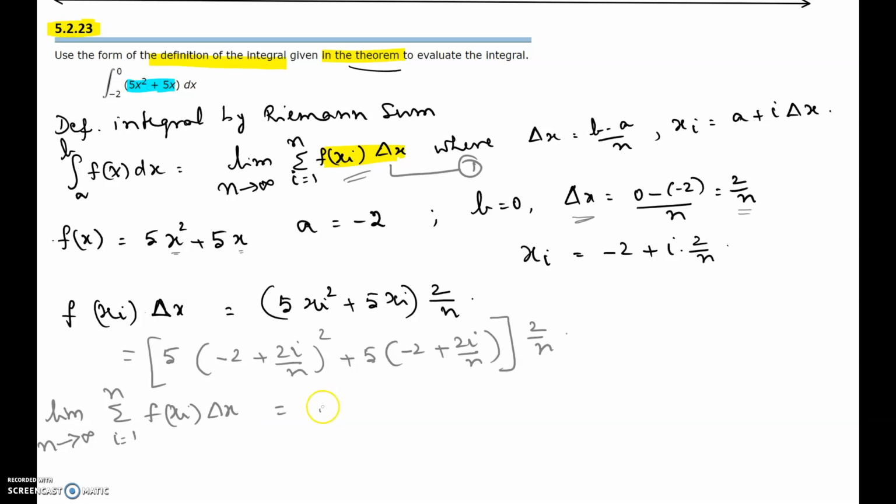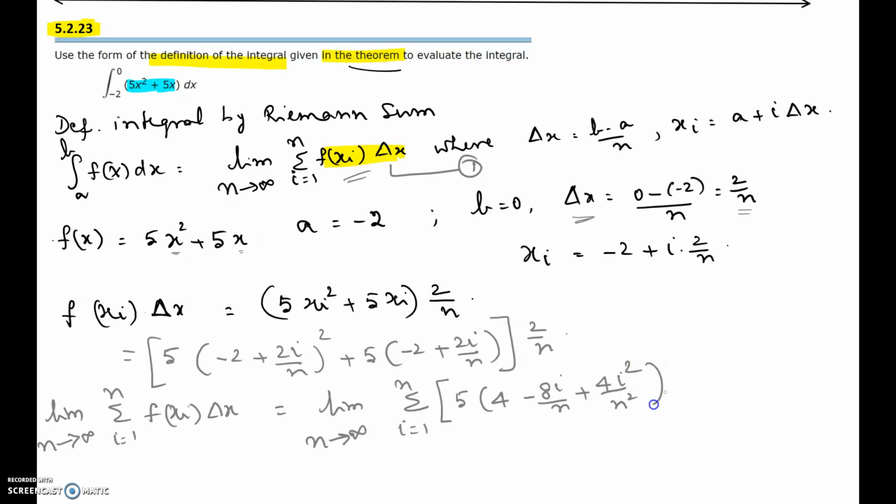We have 5 times, expanding, (negative 2 plus 2i over n) squared, which is 4 minus 8i over n plus 4i squared over n squared.